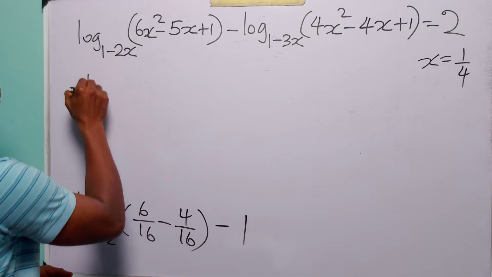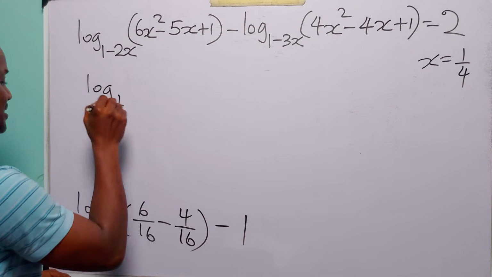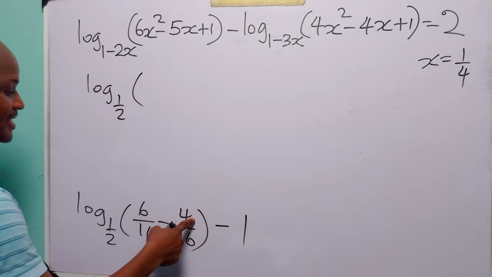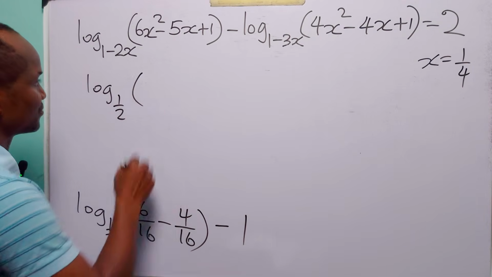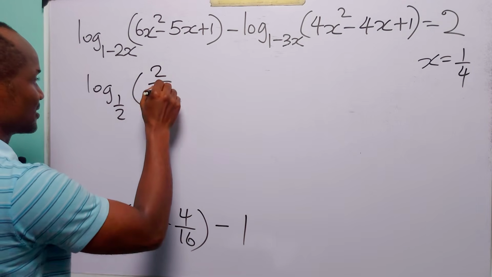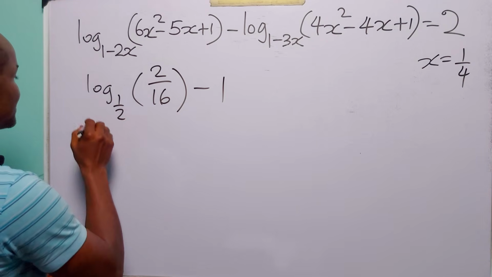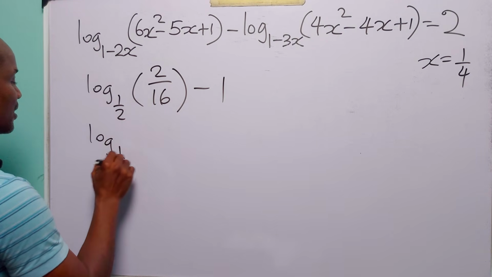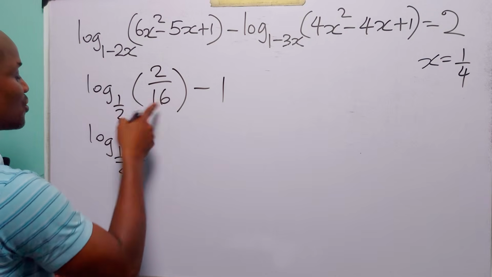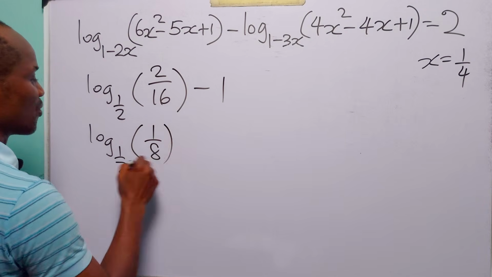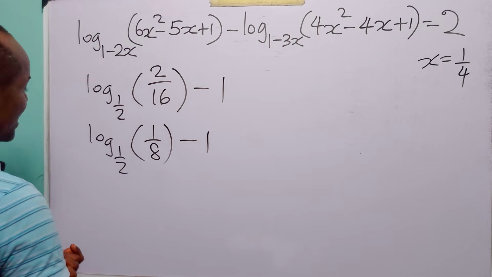Now, from here, we have log to base half of 6 minus 4 is equal to 2. So this is 2 over 16 minus 1. This is log to base half of 2 over 16, which is 1 over 8, minus half.